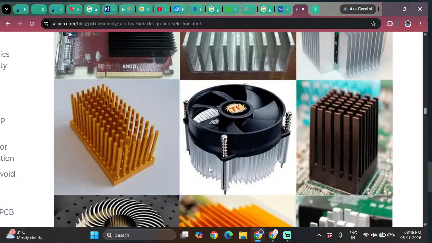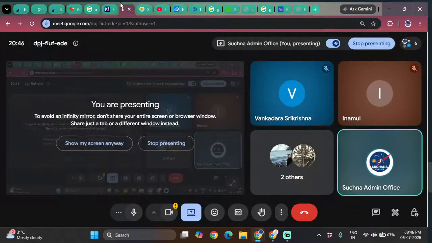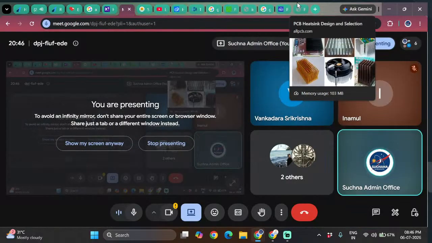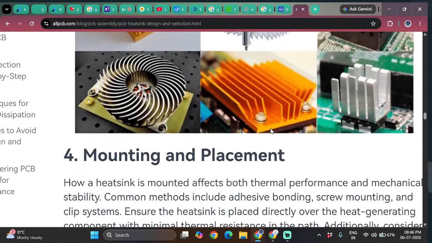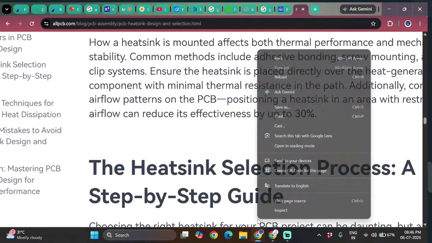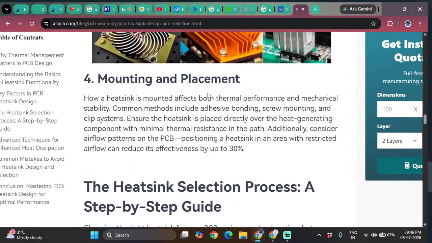So they are good absorbers of heat. Usually aluminum is used, mostly aluminum is used for heat sinks. So there are many different kinds of heat sinks. How a heat sink is mounted affects both thermal performance and mechanical stability.